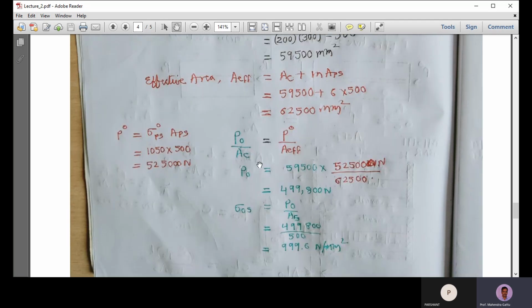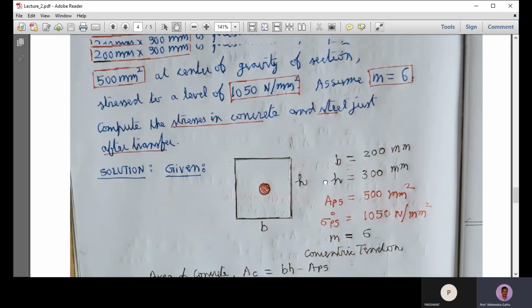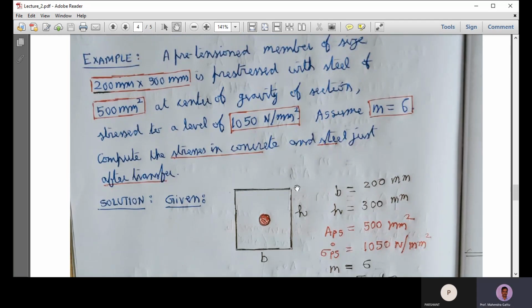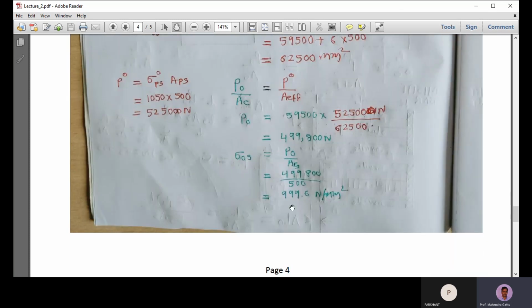Okay, so we have found out what is the force which is transferred to concrete and what is the stress in the steel. So initially, the hydraulic jack force is applying 1050 Newton per millimeter square, and because of the transfer of force, the stress in the bar is reduced. It has come to 999.6, and the actual supplied force is 525 kilonewton, and it has got reduced to 499.8 kilonewton.